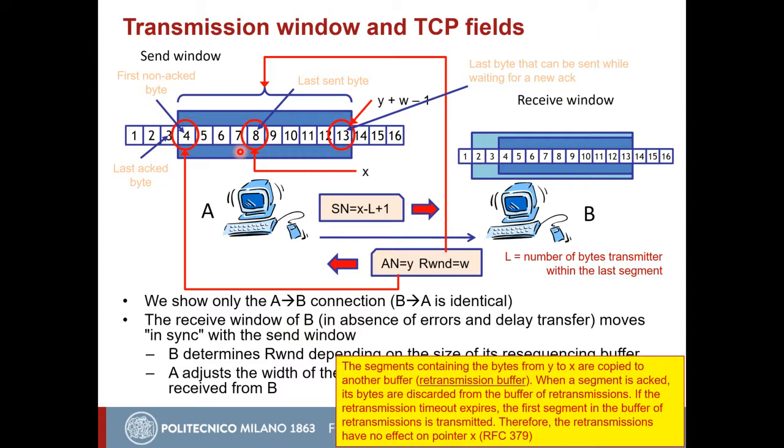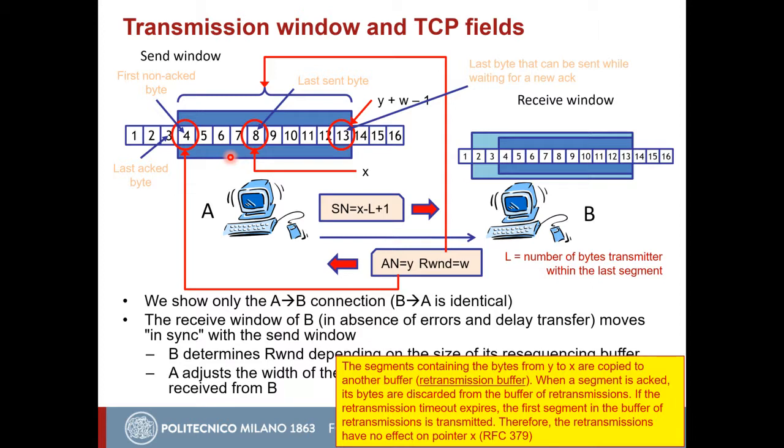However, there is a retransmission buffer that is dedicated to the retransmissions. So the bytes that you see here are always copied into the retransmission buffer. When a segment is acknowledged, all the bytes contained in that segment are deleted from the retransmission buffer because they arrived correctly, so they don't have to be retransmitted.